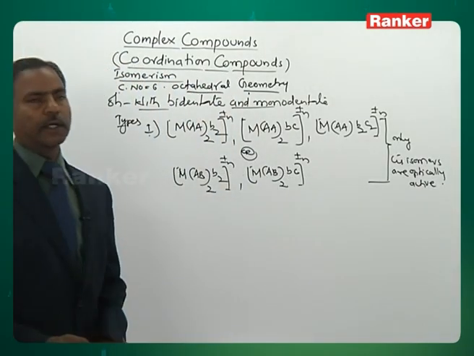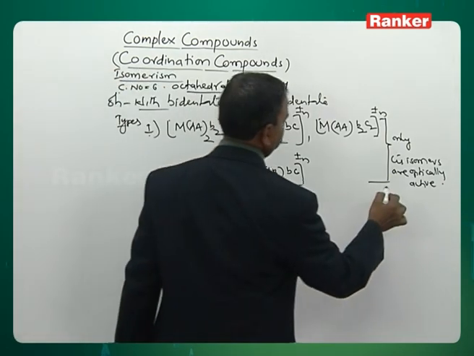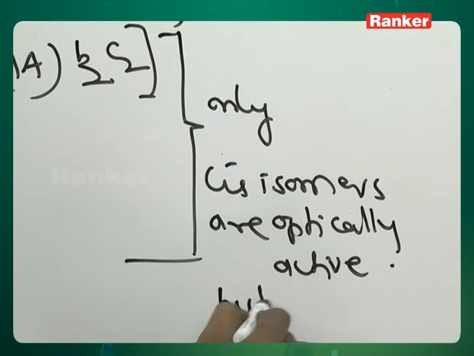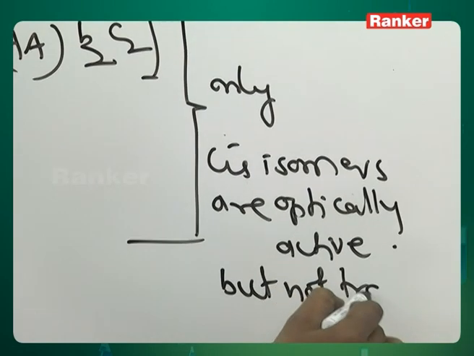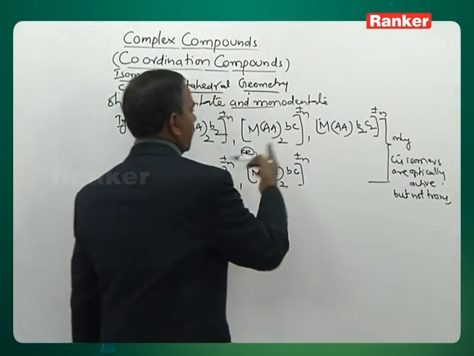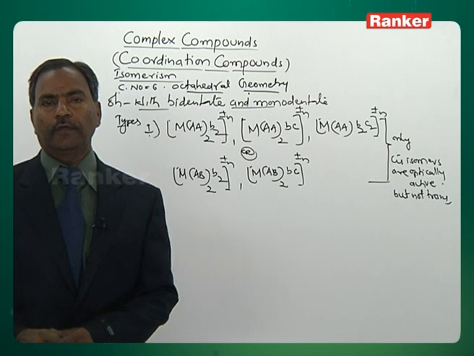Only cis isomers are optically active but not trans. In all these cases, trans is not optically active, only cis is optically active.